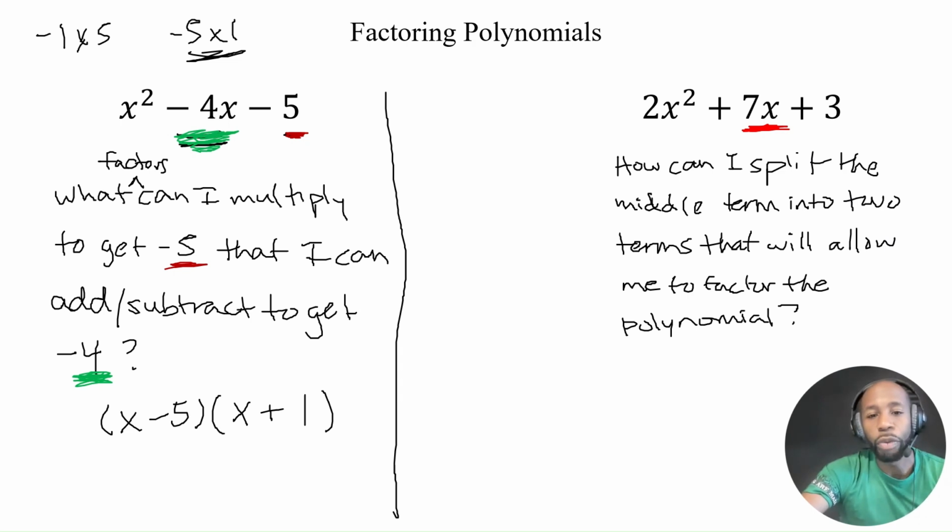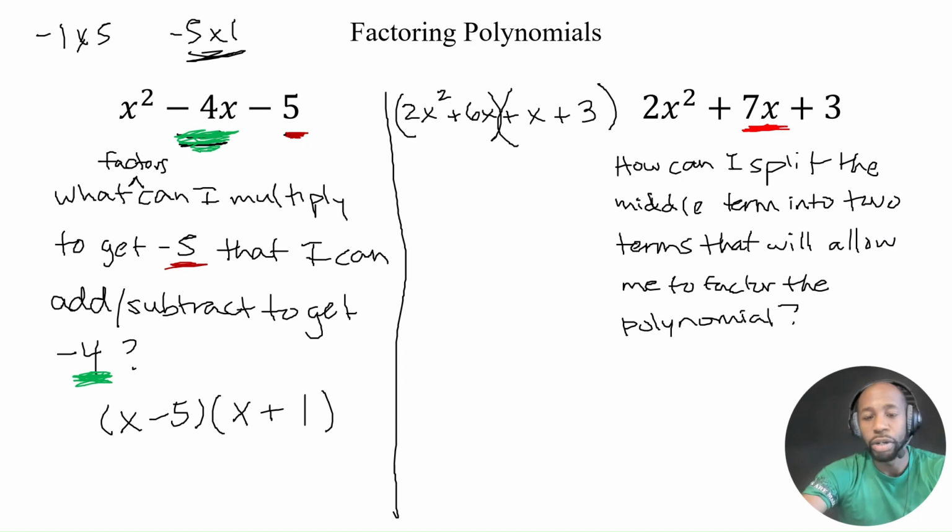I'm going to rewrite this as 2x squared plus 6x plus x plus 3. Same exact thing, except we wrote the middle term differently. Now I'm going to put parentheses around the first two terms and around the last two as well.